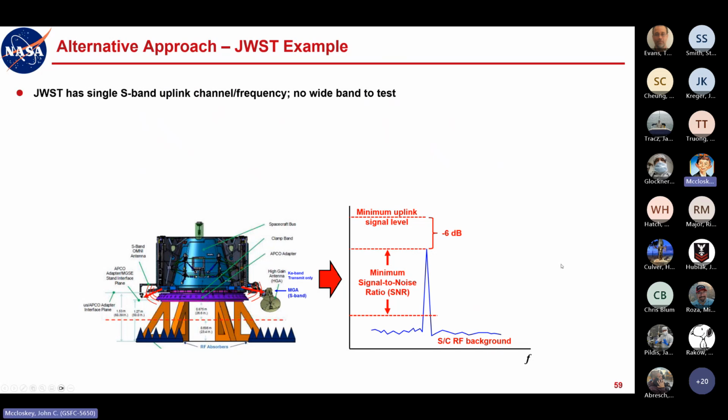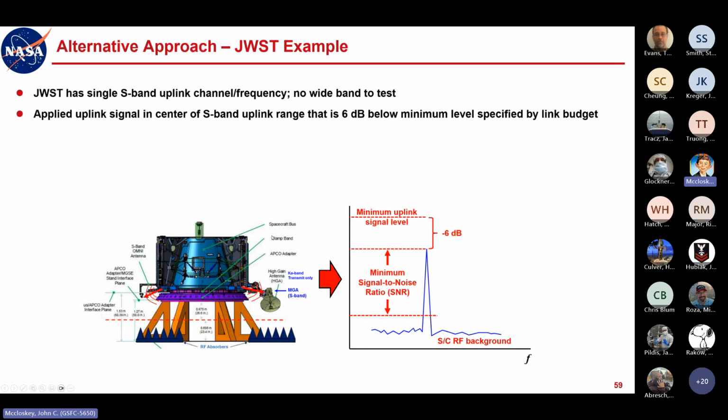So this alternate approach is like on JWST, again, that's our case study here. We had a single S-band uplink channel and frequency, so there's no wide band to test. So we apply a signal in the center of the S-band uplink range that's 6 dB below the minimum level specified by the link budget.